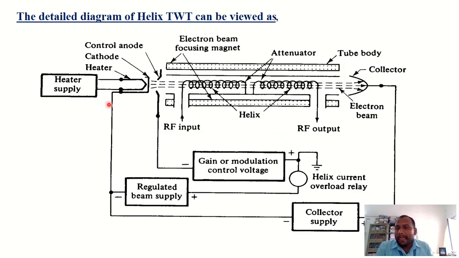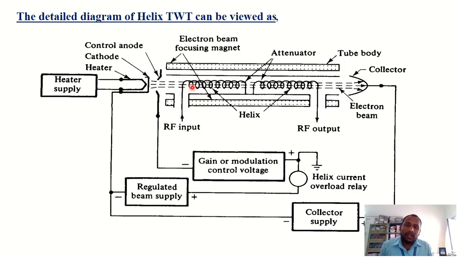One is the electron beam, which was generated by this heater and cathode, and on the other side there is a radio frequency input. Here you have to apply the radio frequency input to the helix traveling wave structure.